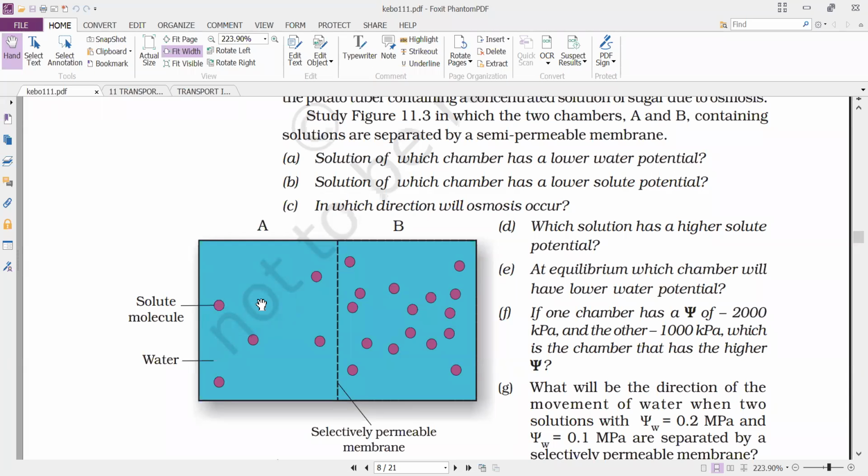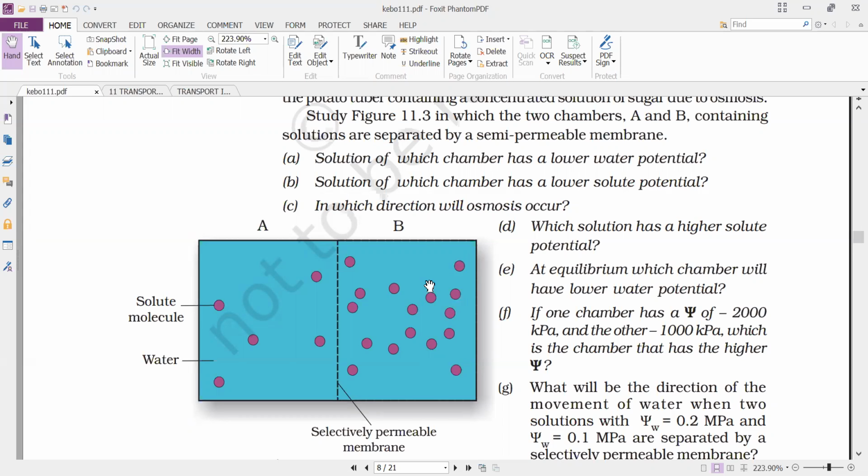We can observe in chamber A, 1, 2, 3, 4, 5, only 5 solute particles are present. But in chamber B, we can observe more than 5, 16 solute molecules.